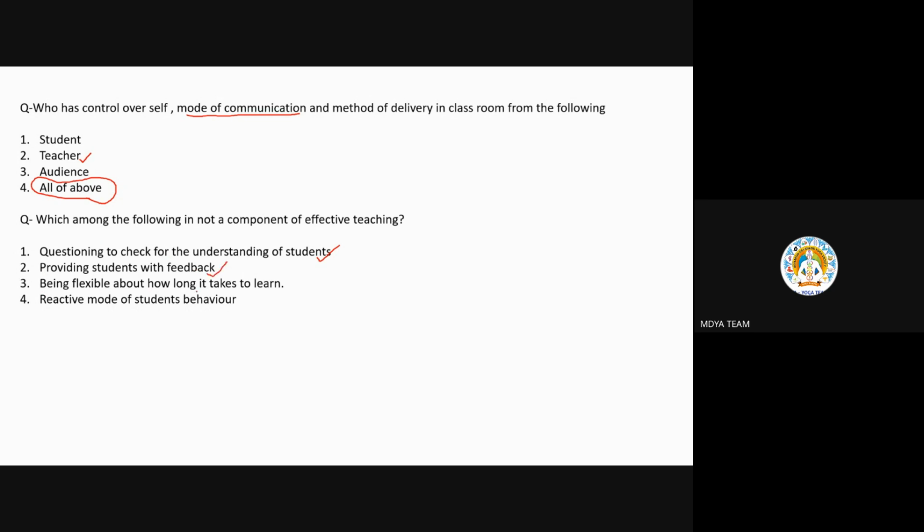Being flexible about how long it takes to learn means that if a teacher plans something to end in 4 or 5 classes, and a learner is not able to understand the concept in that time, the teacher is flexible enough to carry it to the next class. The fourth is reactive mode of students' behavior. The correct option is fourth, because the student's behavior has nothing to do with effective teaching. Effective teaching is related to the teacher. Okay.